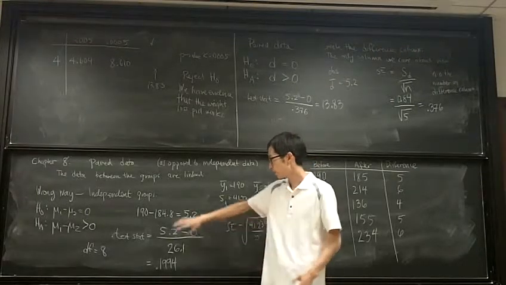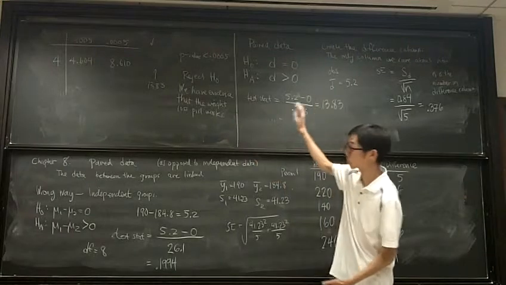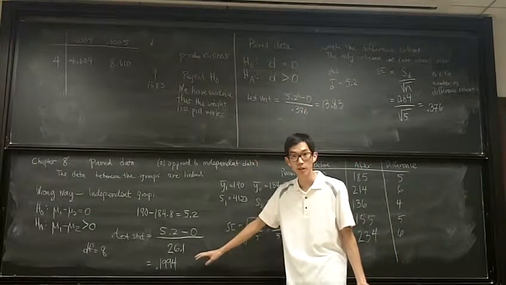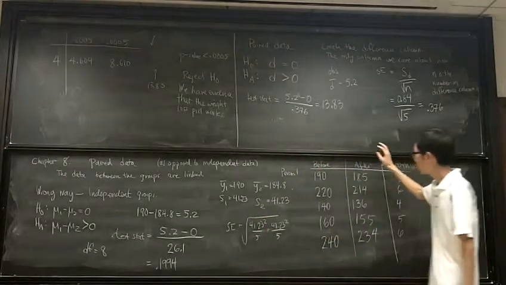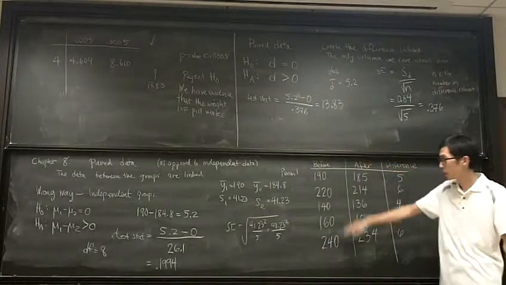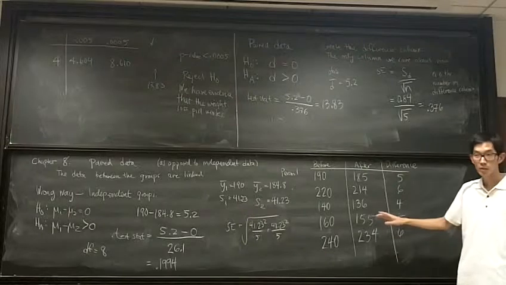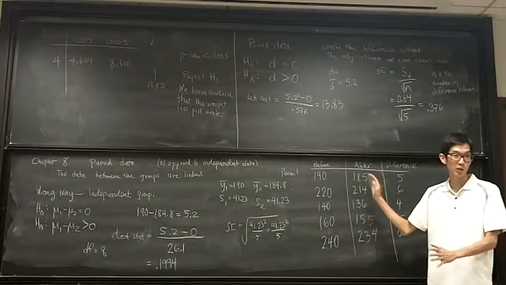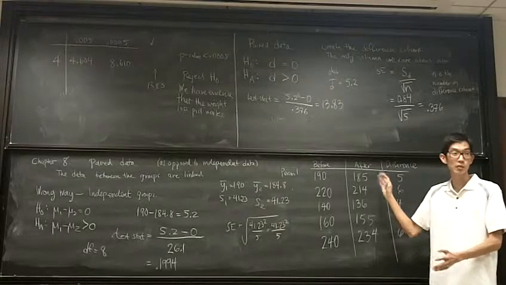Okay. So here the difference in both cases was 5.2, and the thing that changed significantly was the standard error. When we treat them as independent groups, across the board people are losing 4, 5, 6 pounds. Everybody's losing that.